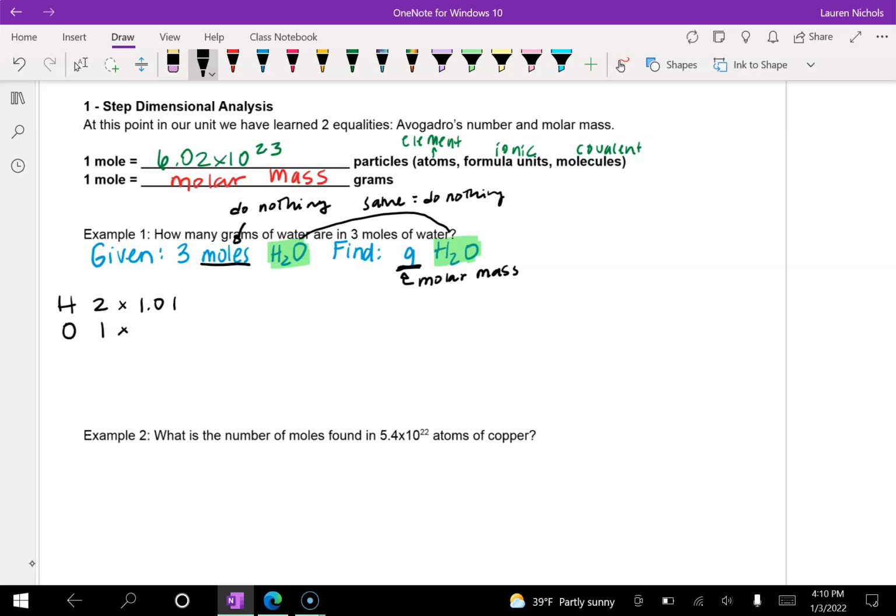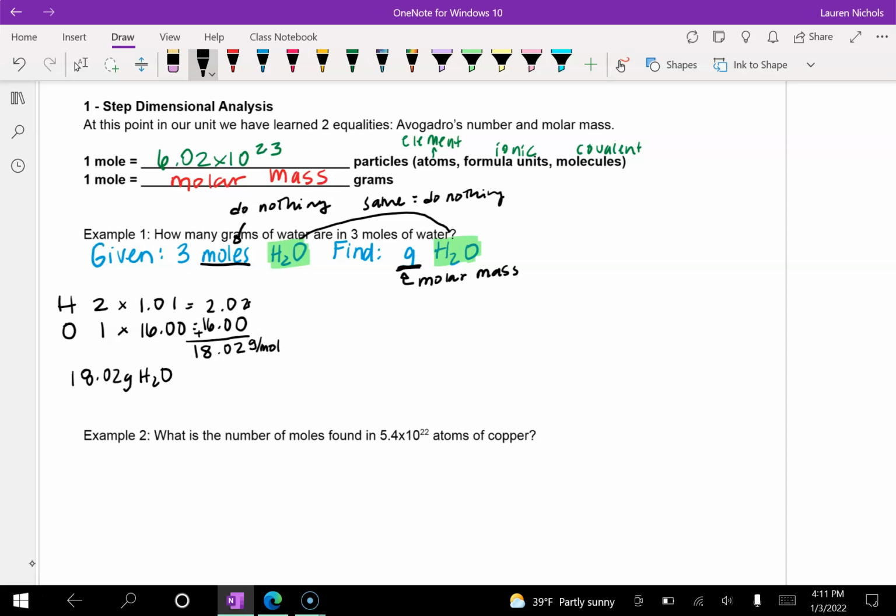Hydrogen is 1.01 and oxygen has a mass of 16. So we multiply across and we get 2.02 for hydrogen and 16.00 for oxygen. We add them all together to get the total for water and we get 18.02 grams per mole.